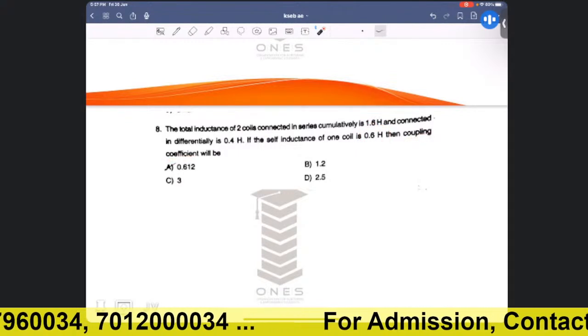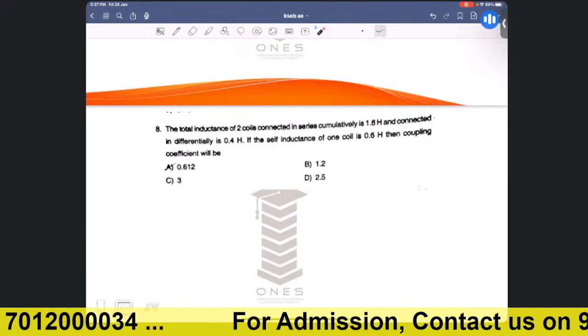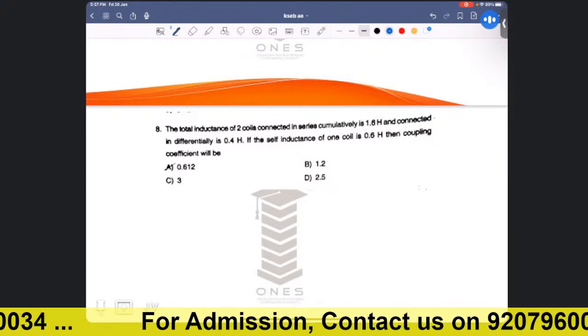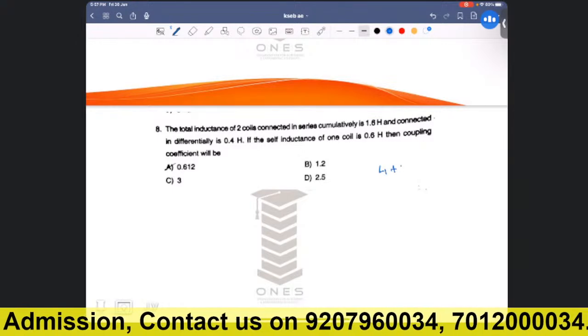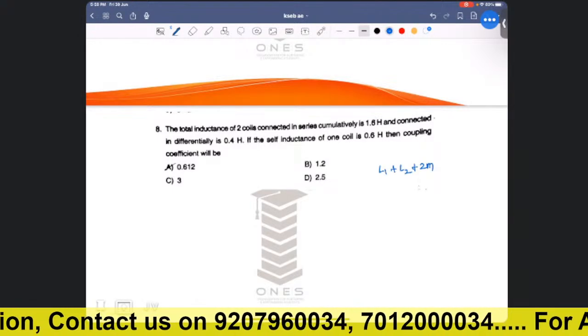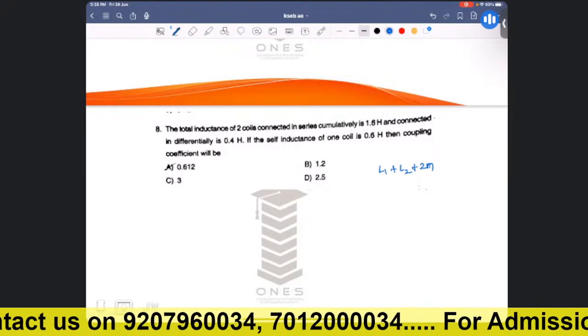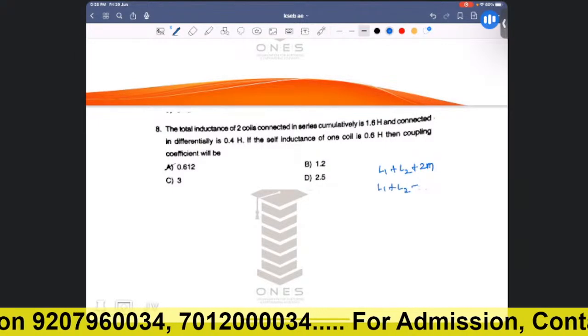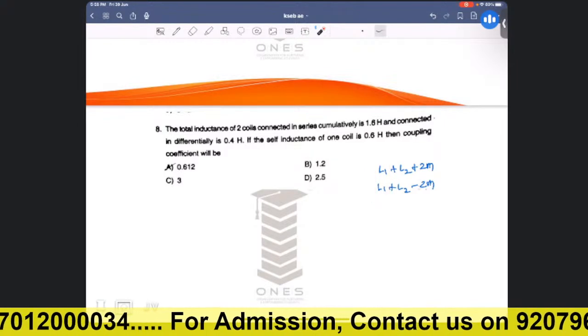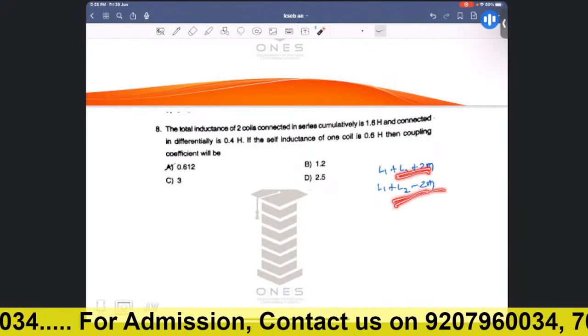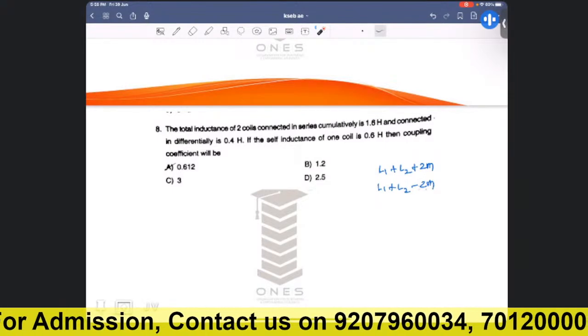Then the coupling coefficient will be. You can solve this. Series cumulative, we know the equation is L1 plus L2 plus 2M. Series differential, the equation is L1 plus L2 minus 2M. L1 is given in the question, so you have two equations and two unknowns and you can solve it.